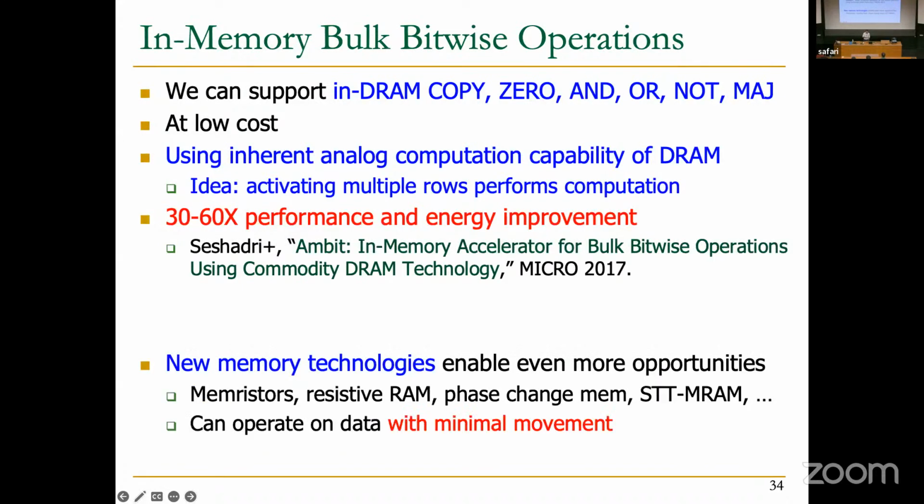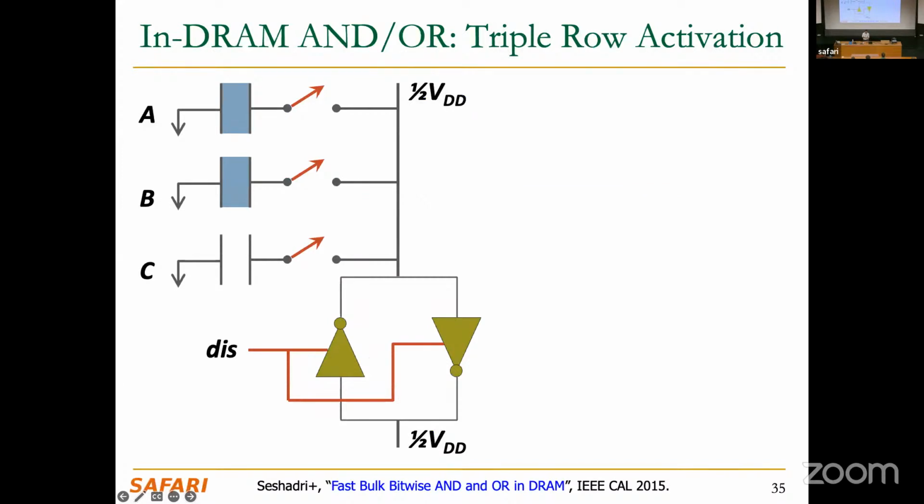Other memory technologies can also do the same thing. Onur already mentioned this in this lecture, but assume we have 3 DRAM rows on which you want to do a bitwise operation, so we have rows A, B, and C, and all of those rows are connected, sharing the same bit line, connected to the same sense amplifier.